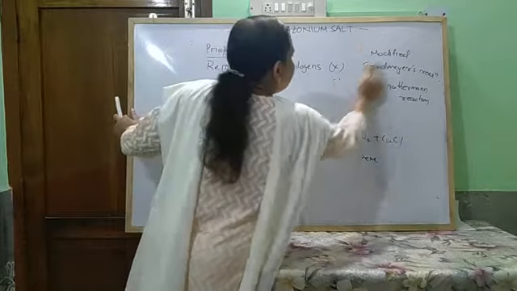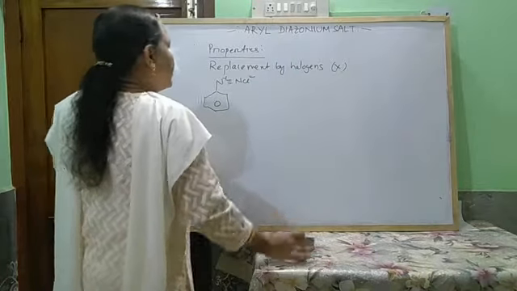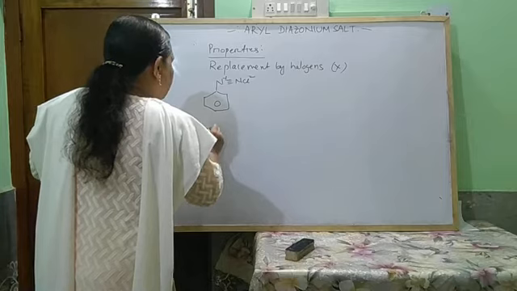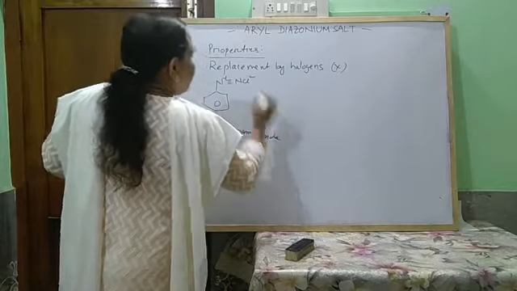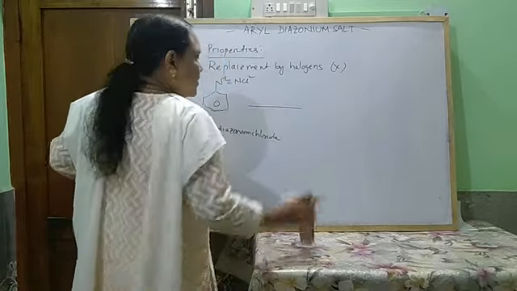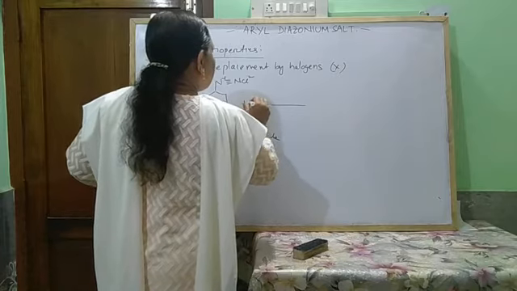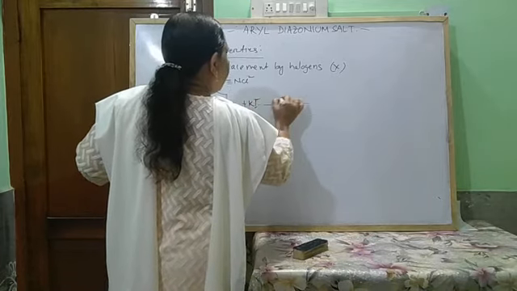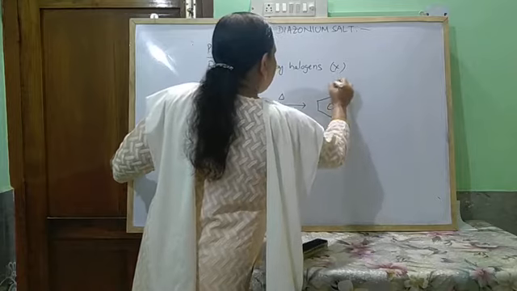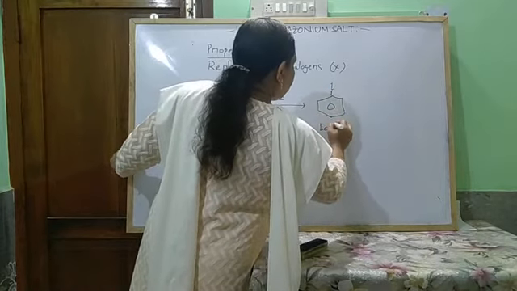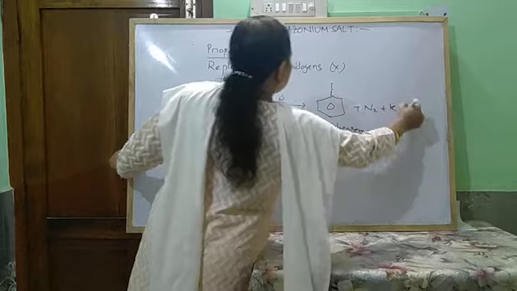When benzene diazonium chloride is heated with potassium iodide, it forms iodobenzene, iodobenzene plus N2 plus KCl.